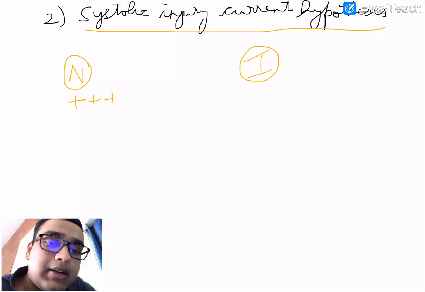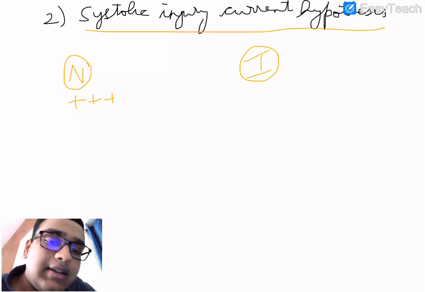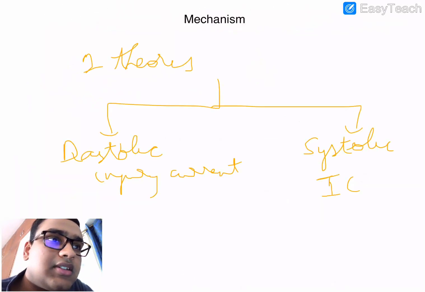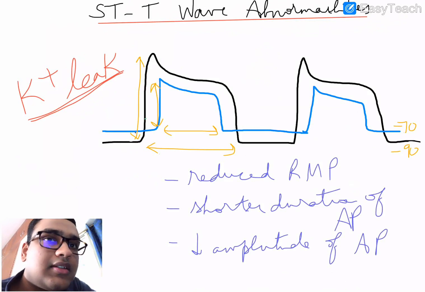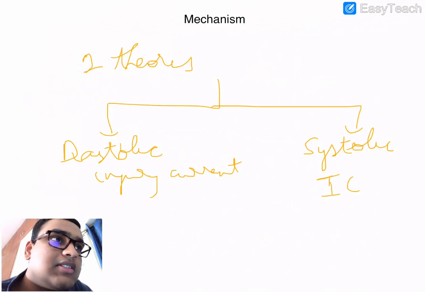So when the normal cell is still getting repolarized, the ischemic cell would already have got repolarized. As you can see here, by the time the normal cell gets repolarized, the ischemic cell has already repolarized.